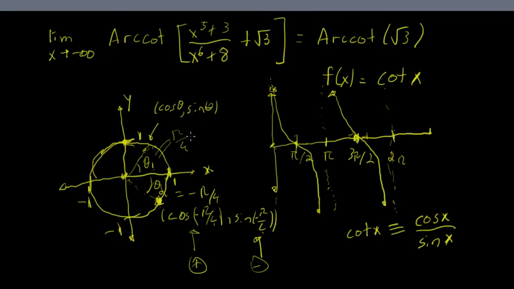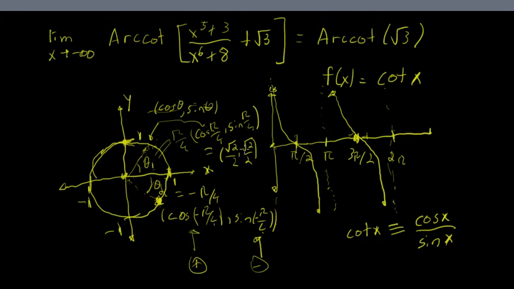So the coordinate here is going to be cosine of pi over 4 comma sine of pi over 4, and this is the square root of 2 over 2 comma the square root of 2 over 2.